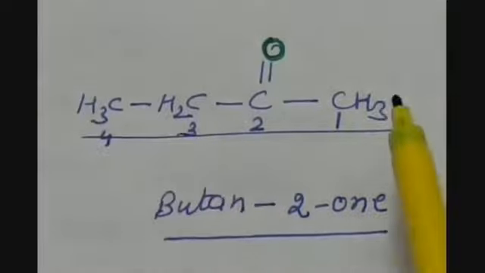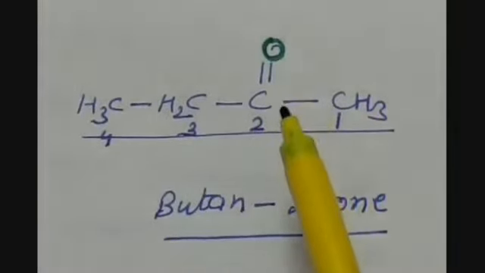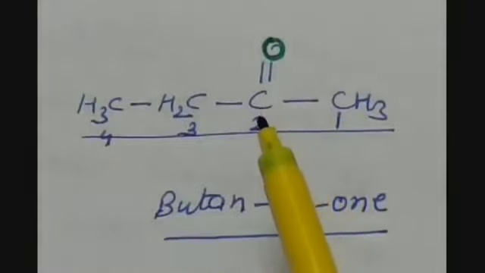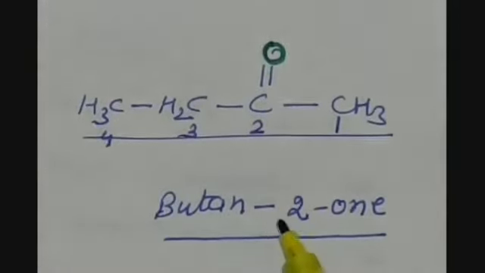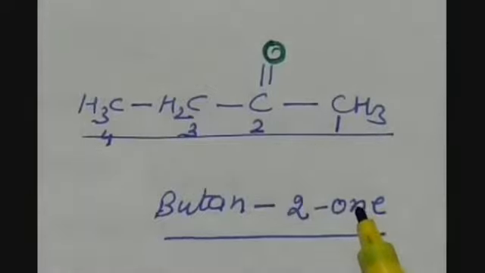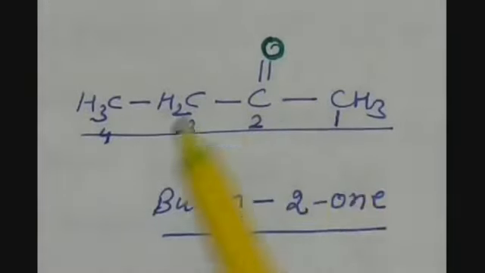So this is our butane chain, which is having a ketonic group in it. While mentioning the position of the ketone group, we will write it as butan-2-one. If there were any prefix, then we would have mentioned it before the parent chain.